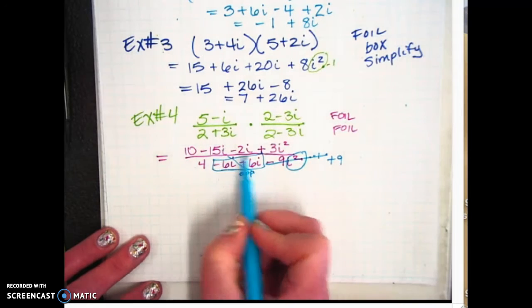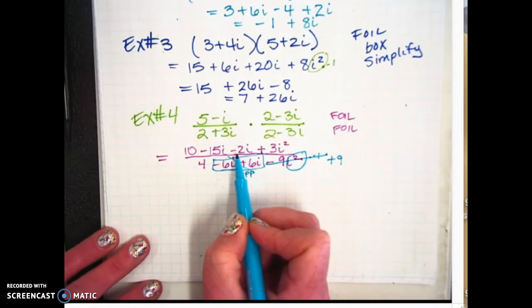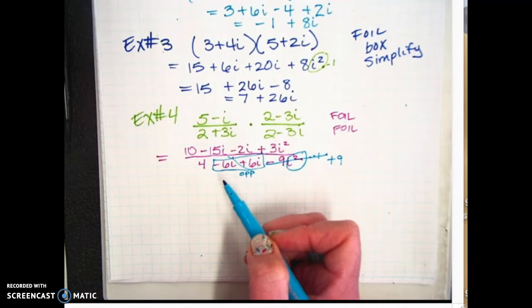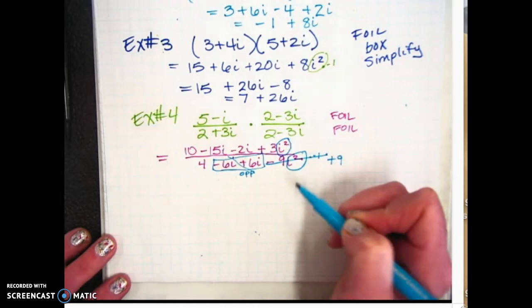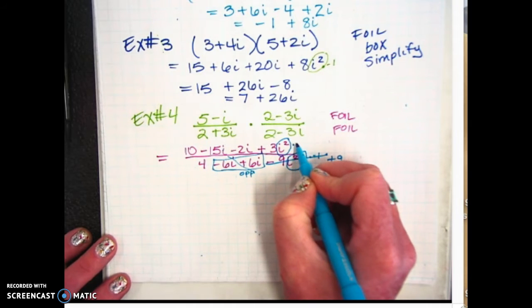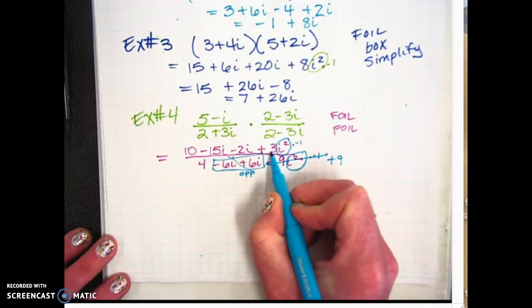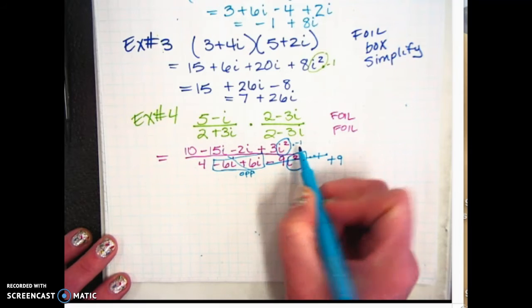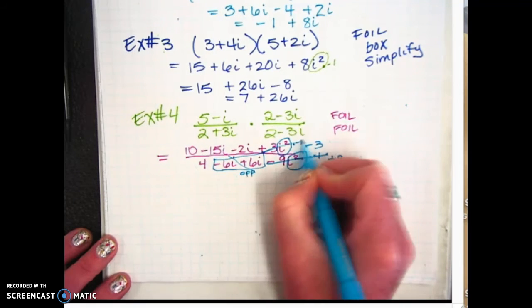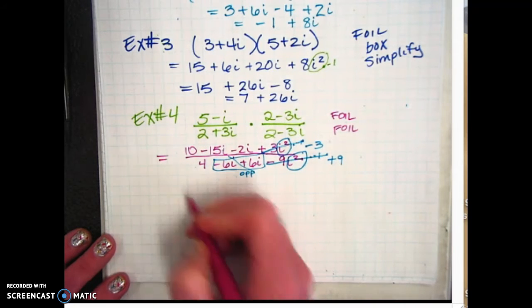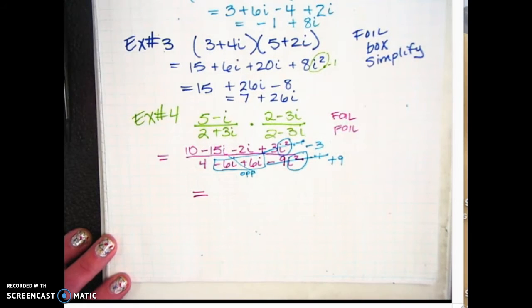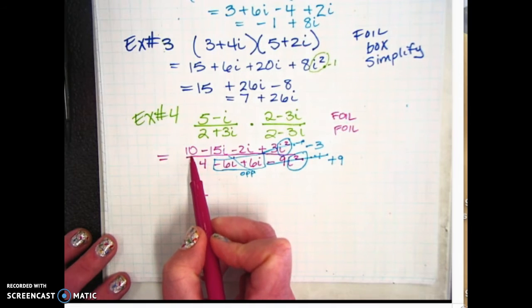In the numerator, these aren't opposites. We will combine them, and it's okay to have an i in the numerator, just not in the denominator, but we can simplify this i squared, right? i squared is times -1. So 3 times -1 is -3. So I'm going to cross that off and write -3. Now when I go to simplify, it'll make my life a little bit easier, right? So combine the real numbers first.